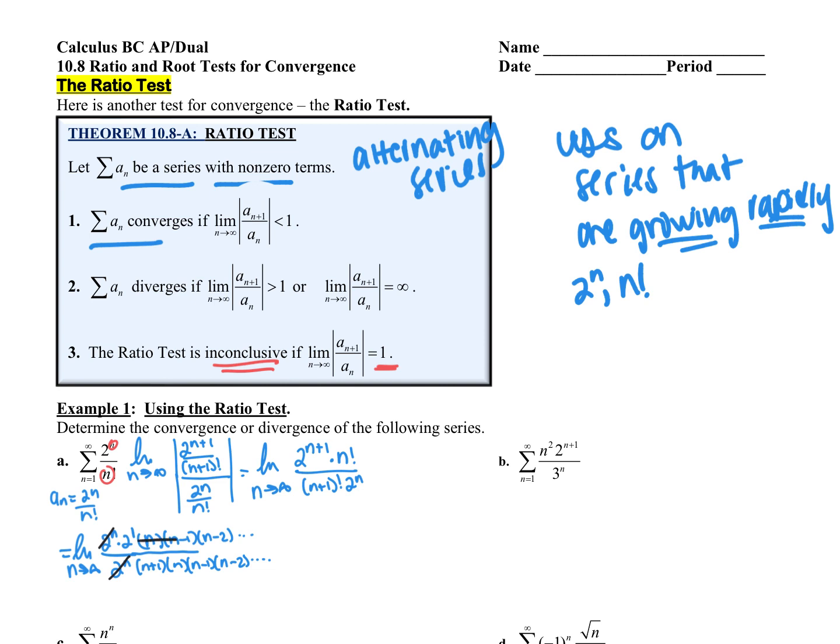And then all of the n till forever will cancel with that. So all we'll have left is 2 to the 1 in the top, or just 2, and n plus 1 in the bottom. And this limit as n approaches infinity, 2 is just a constant, will be 0 as the denominator grows. And that is less than 1, so by the ratio test, this converges.